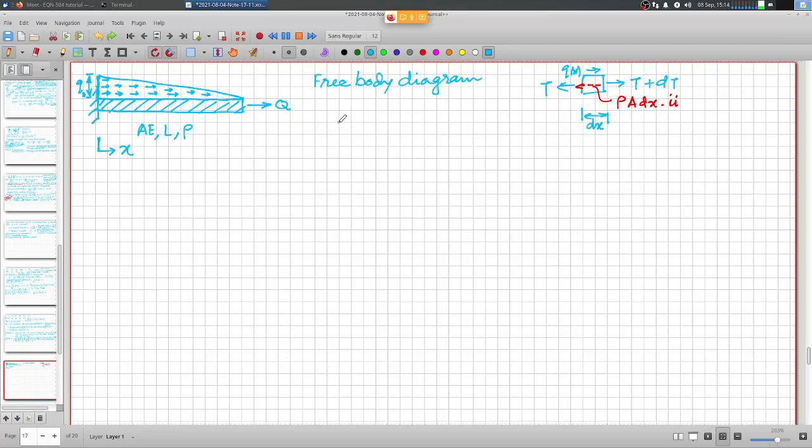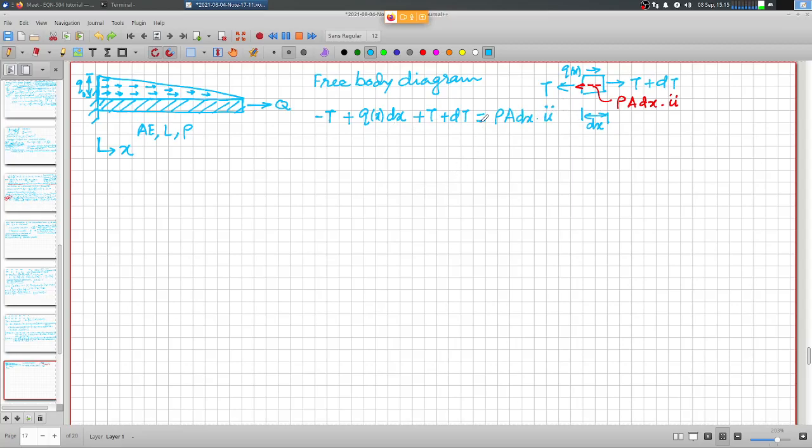Now if we establish the equilibrium of all forces, the net force acting on the differential element dx is minus T, because it is acting in the negative direction, plus q(x) dx in the positive direction, plus T plus dT, and this should be equal to rho A dx multiplied by u double dot.